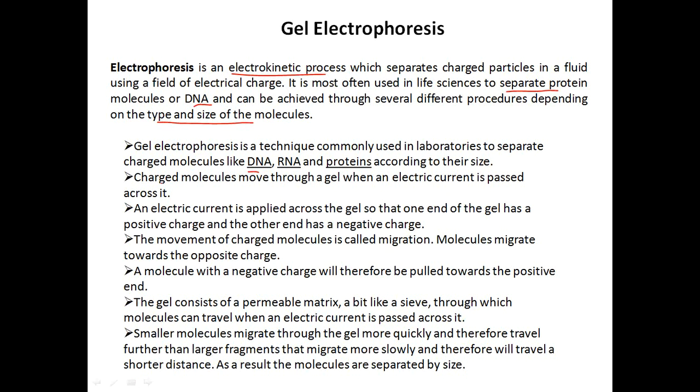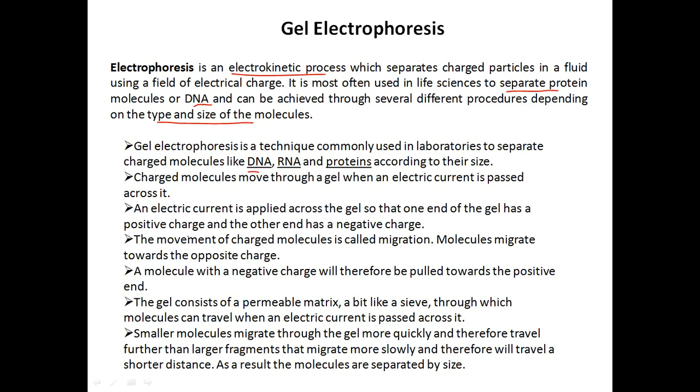Charged molecules move through a gel when an electric current is passed across it. An electric current is applied across the gel so that one end has a positive charge and the other end has a negative charge. Two electrodes are placed and the charge is applied to a gel, like an agarose gel or agar-agar gel, some kind of gelatinous system.